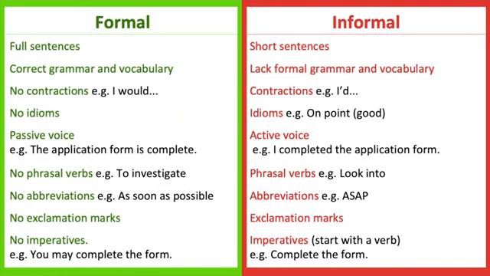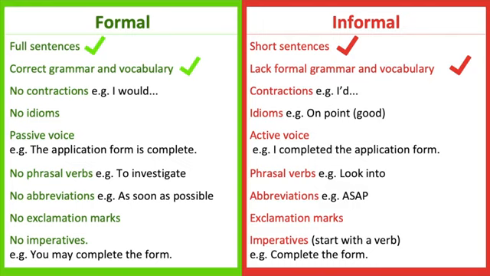Now, let's look at the difference between formal and informal language. With formal language, we use full sentences with the correct grammar and vocabulary, whereas informal language generally contains short sentences and lacks formal grammar and vocabulary.